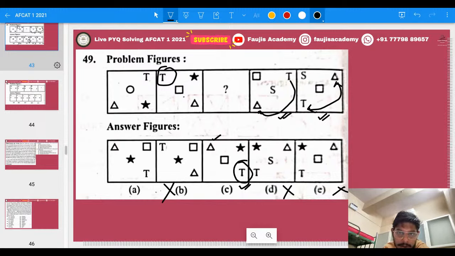So the mid one will again change its place. Earlier the mid one was this particular square. Now it will be what? A star. These two are changing their places, isn't it?